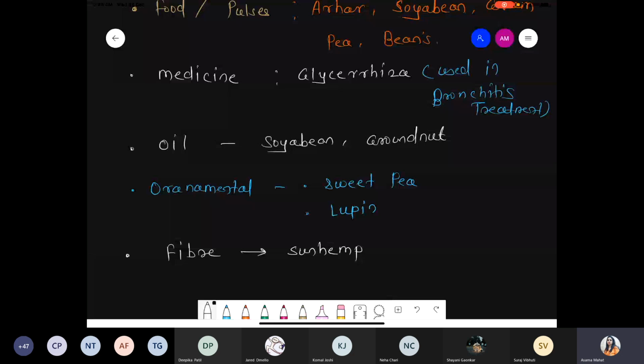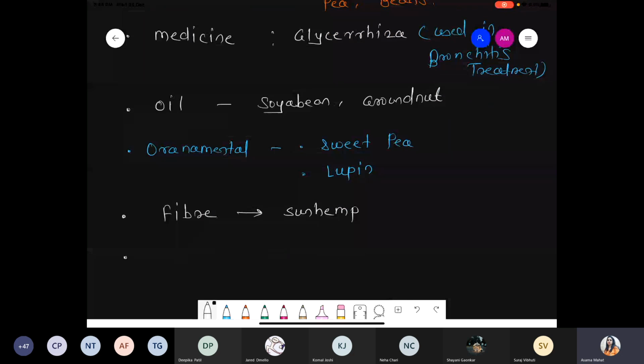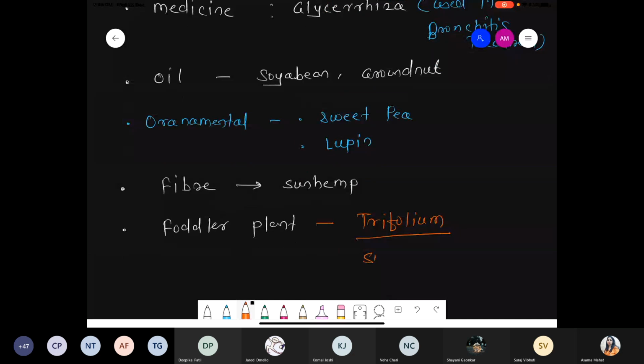And the last one we are talking about is a fodder plant. You know very well fodder plant means basically these are animal feed plants. One example, trifolium, very common. And another example, Sesbania.